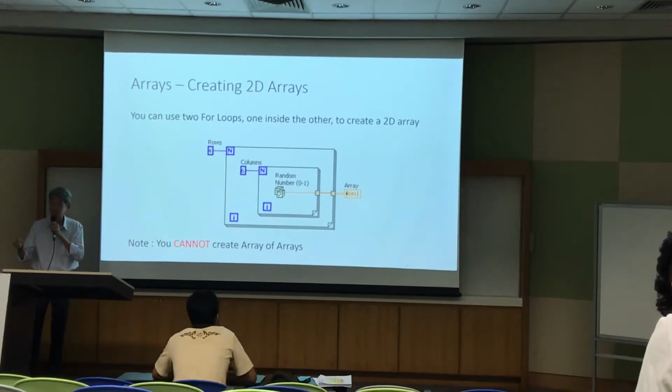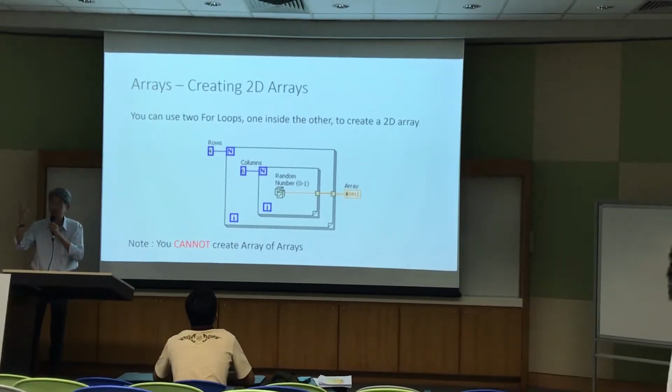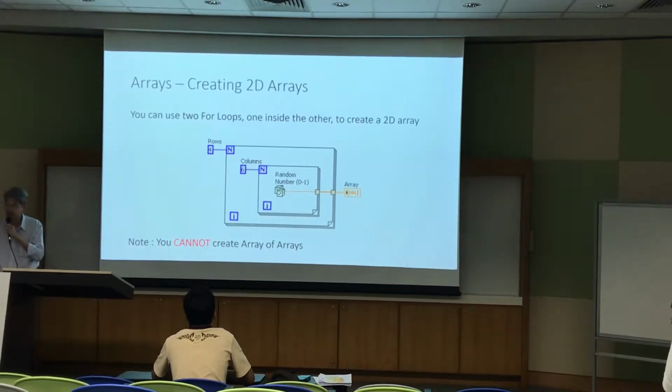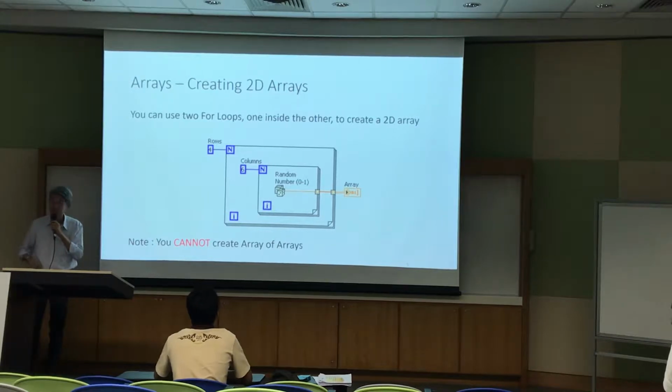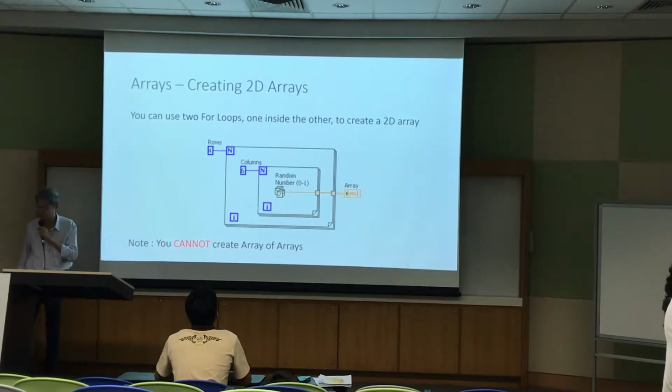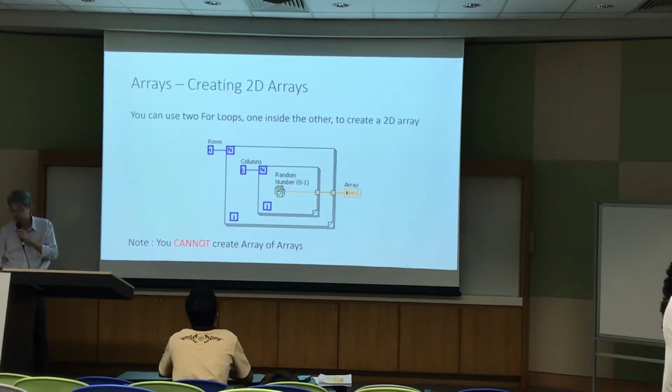This is an example of 2 nested loops. So it will give you a 2D array. So 3D how? 3 nested loops. Put another big one outside. So you just keep on putting nested loops, you get bigger and bigger arrays.